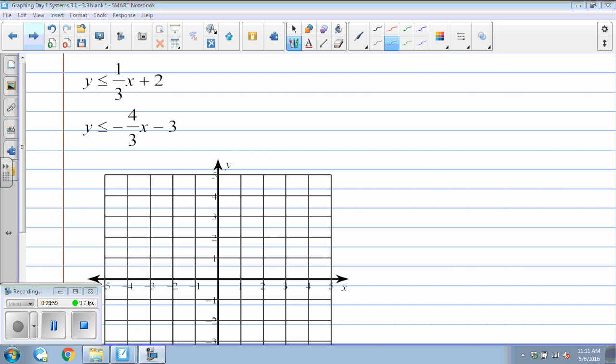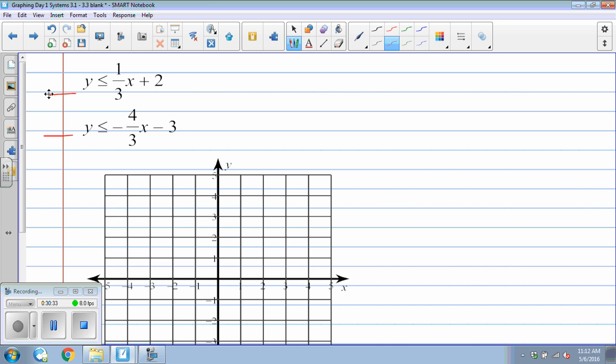So what I want you to do right now is put the first one in as y1 and the second one in as y2. We're going to tell the calculator that it's an inequality. Move the cursor over to before the y and hit enter, and it'll change what's in front of it. We read these inequalities just like we read a book, from left to right.